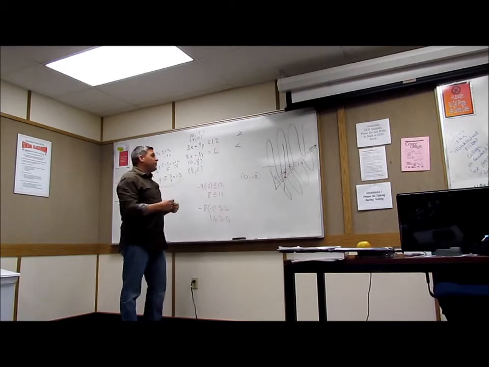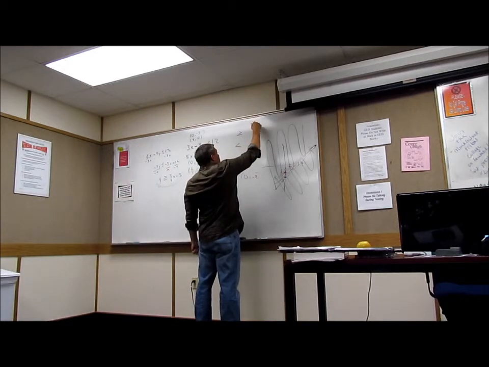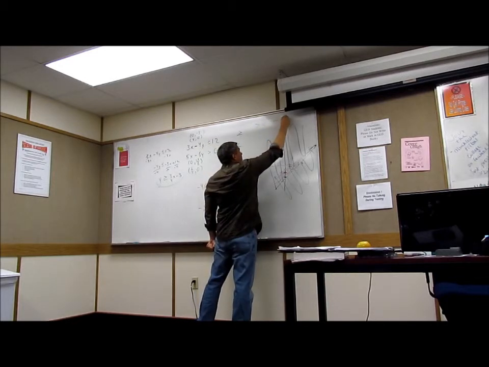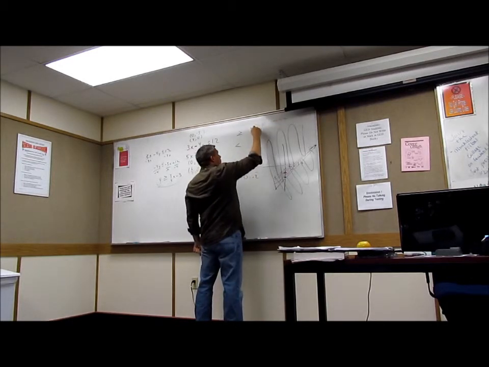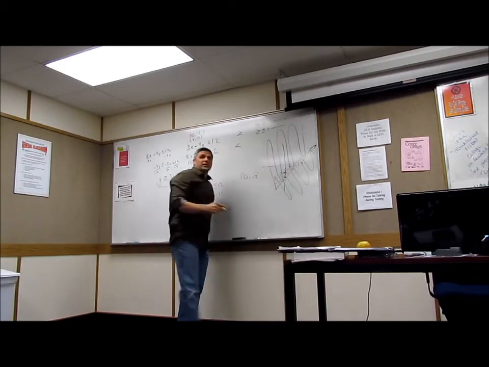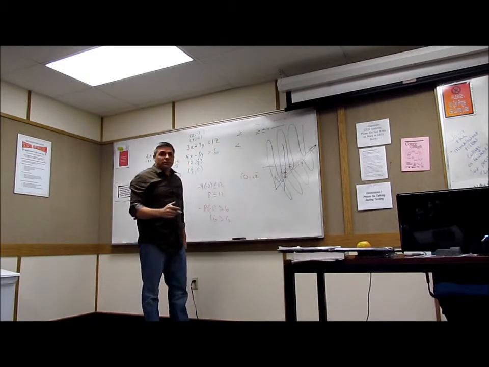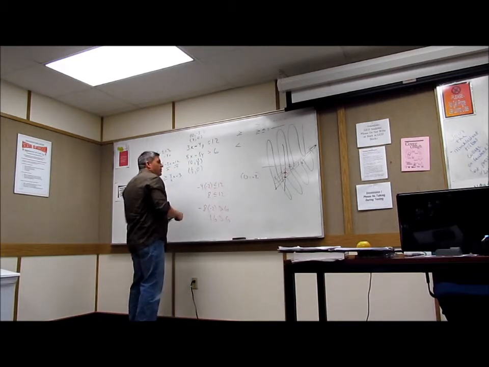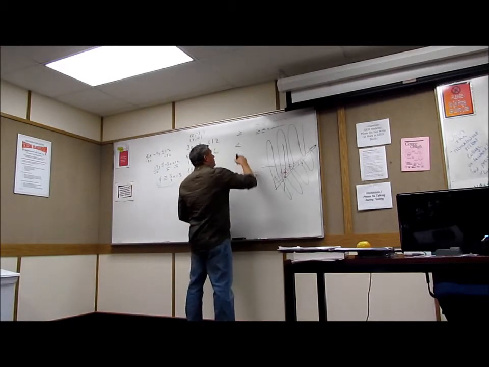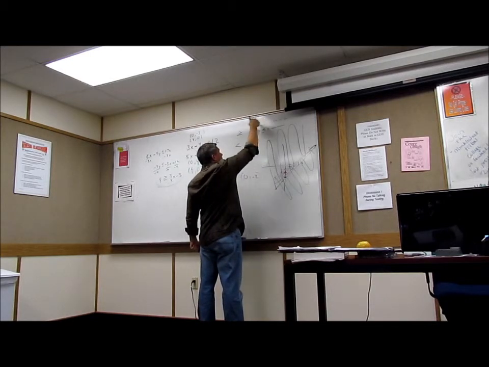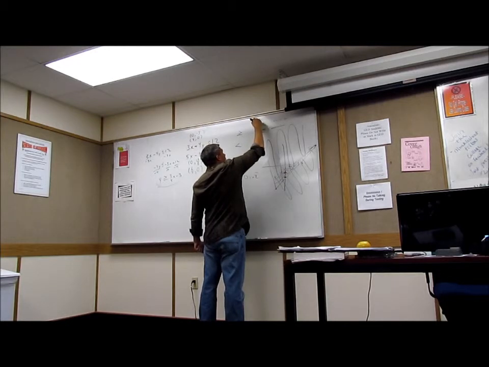The key is if you have greater than or less than, you have a dotted line. If you have greater than or equal to, or less than or equal to, you have a solid line. If you have greater than, you shade up.